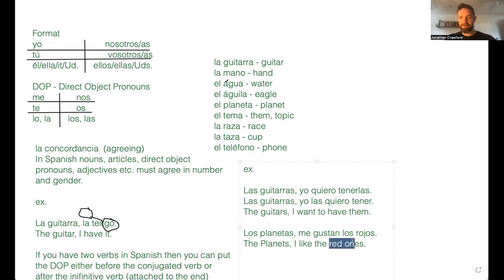Now I've turned it into the red ones. Ones is referring to the planets, and it has this adjective, red. In Spanish, we have to use this direct object pronoun that matches the article of whatever it is that I'm referring to. Los planetas, los tengo. The planets, I have them.